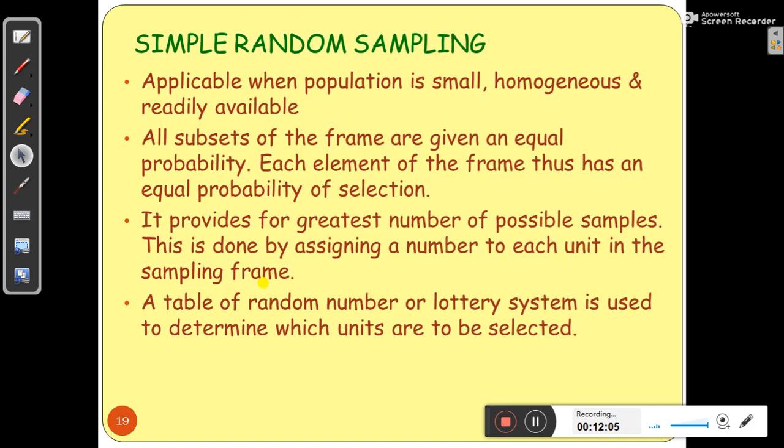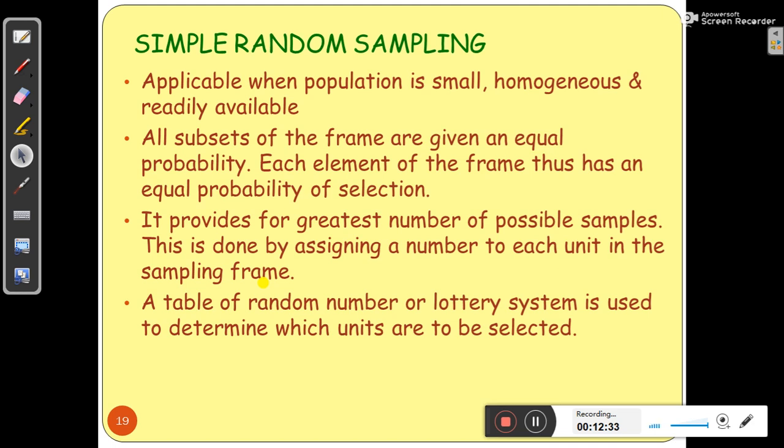So, simple random sampling. First we try with simple random sampling. This is applicable when the population is small, homogeneous and readily available. Those are three characteristics: the population is small, the items should be homogeneous, and items should be readily available.